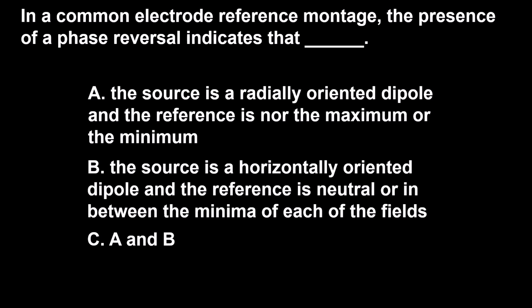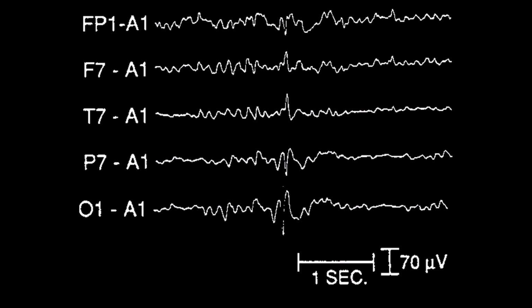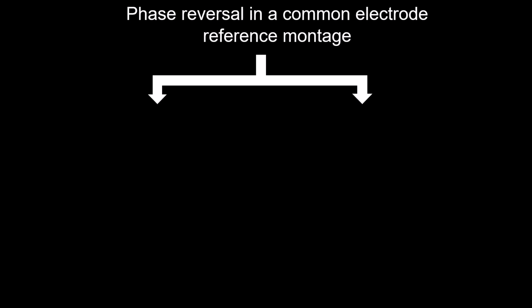B. The source is a horizontal dipole and the reference is neutral or in between the minima of each of the fields. And C. A and B. This tracing demonstrates a phase reversal. When faced with a phase reversal in a common electrode reference montage, the phase reversal indicates one of two things.